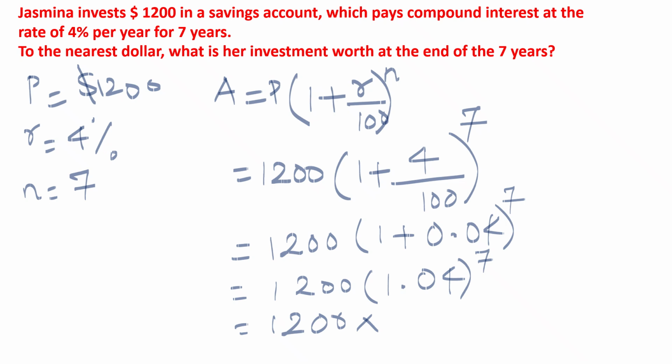I'm writing at least 4 decimal places. Now I will multiply this with 1200.